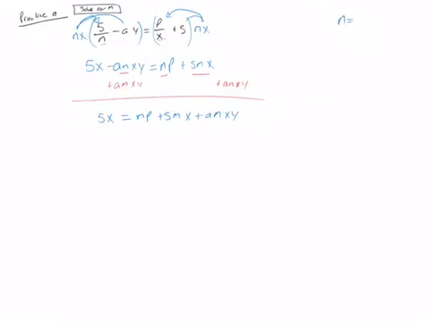Now, I'm going to want to factor out the m, the one thing that I'm solving for. So that m is going to factor out. What's left over after I take the m out is going to be a p from that first term, an sx from the second term, and an axy from that last term.